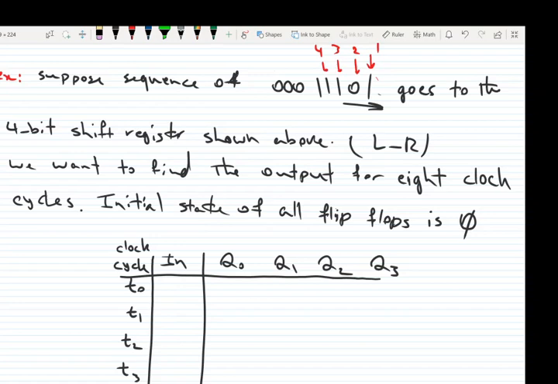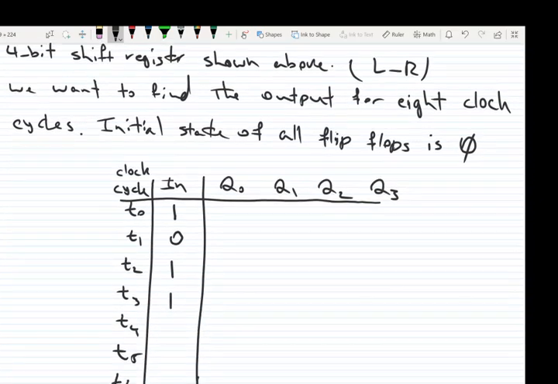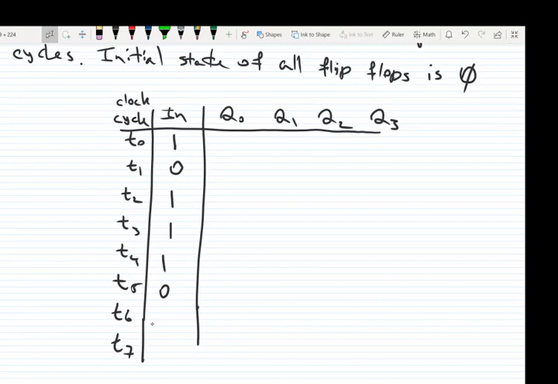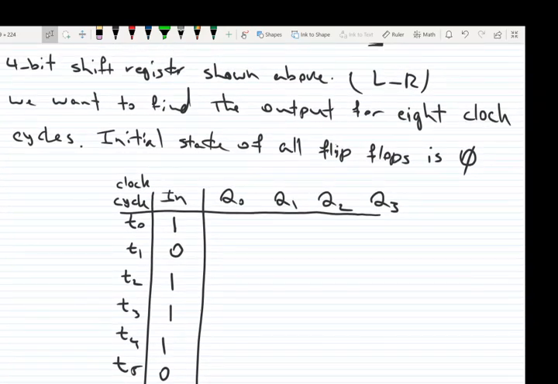Of course, the right bit enters first. So at T0 input is 1, T1 input is 0, T2 input is 1, T3 input is 1, T4 input is 1, T5 input is 0, T6 input is 0, and T7 input is 0.